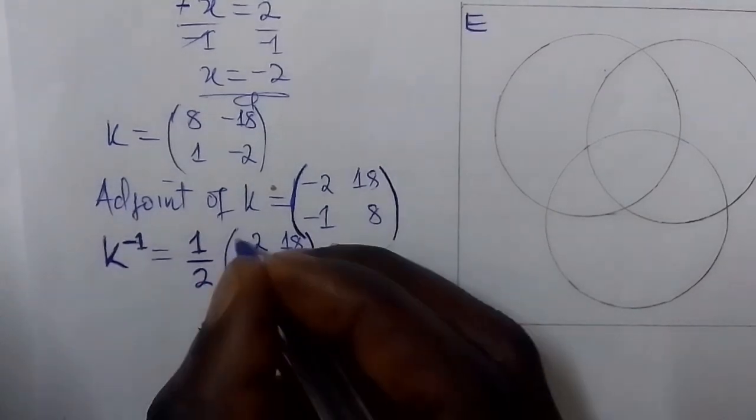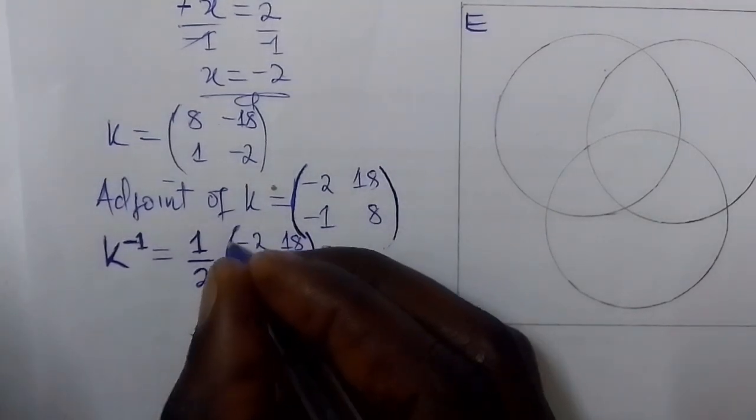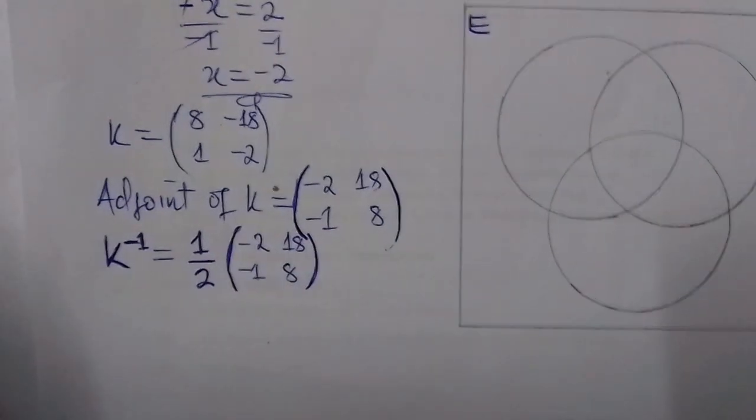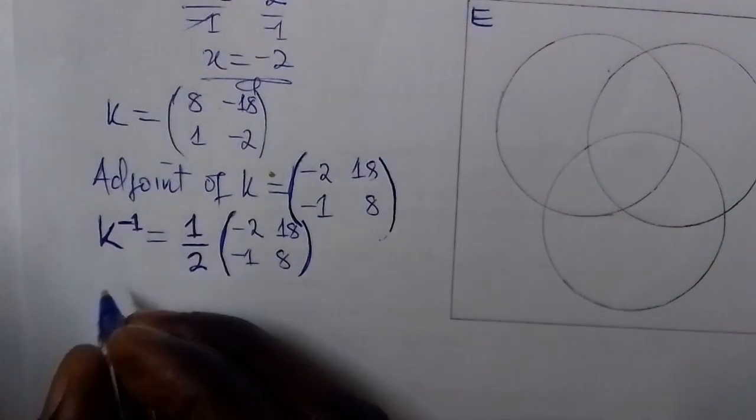Then we can multiply this. Multiplying this gives us the following.